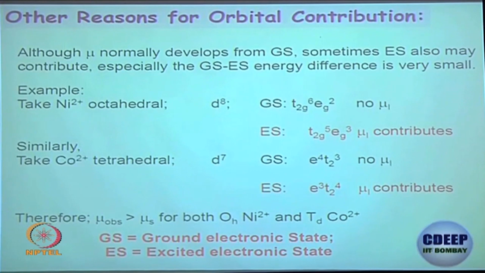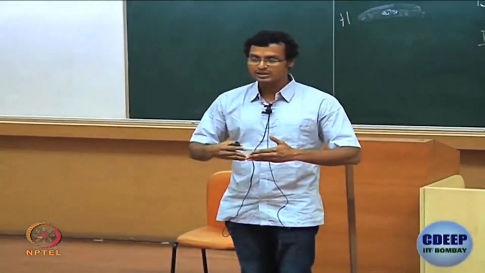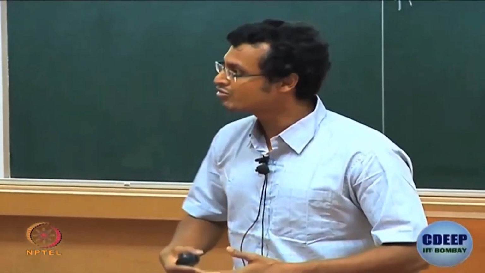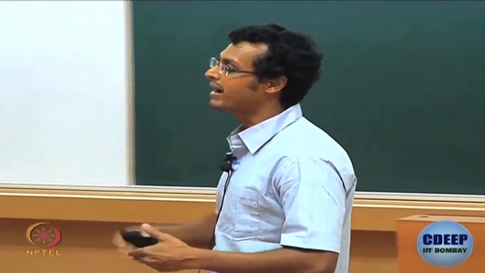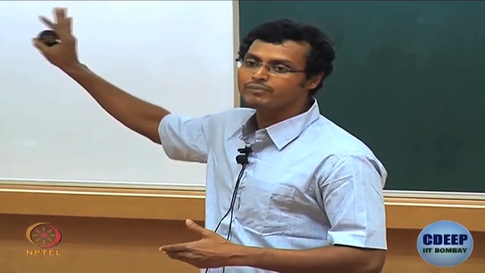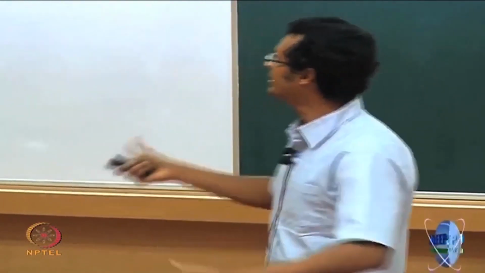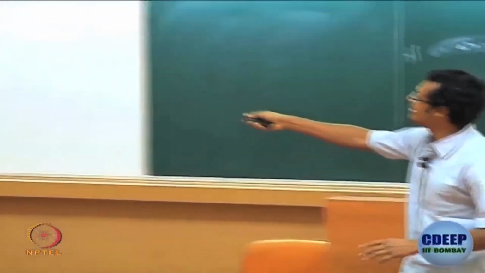Other than that, if any question is given in the exam where you once again cannot explain by the normal understanding of orbital angular momentum, like unsymmetrical filling in t2g, but it is symmetrically filled and still the value is high, you can try to explain that by contribution from the excited state. Is it clear? Okay, you read it. Now this is how it is.